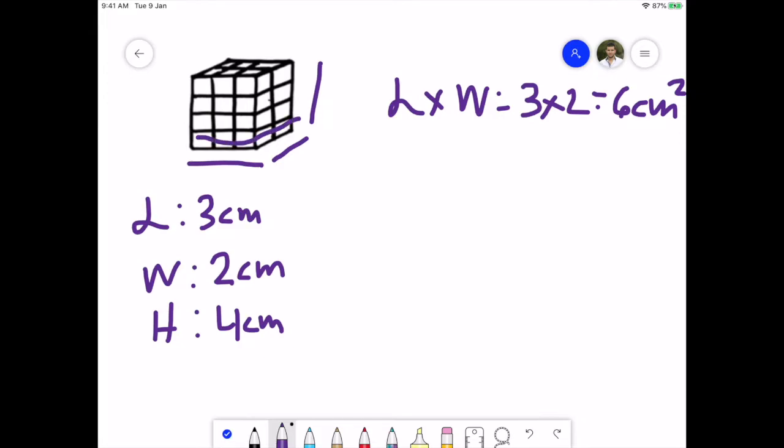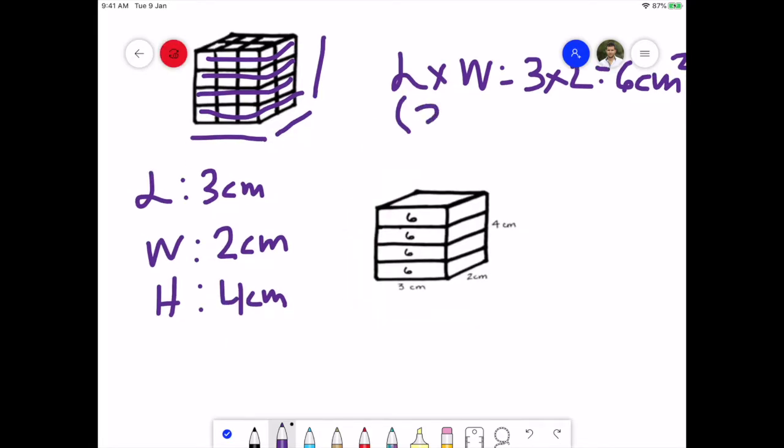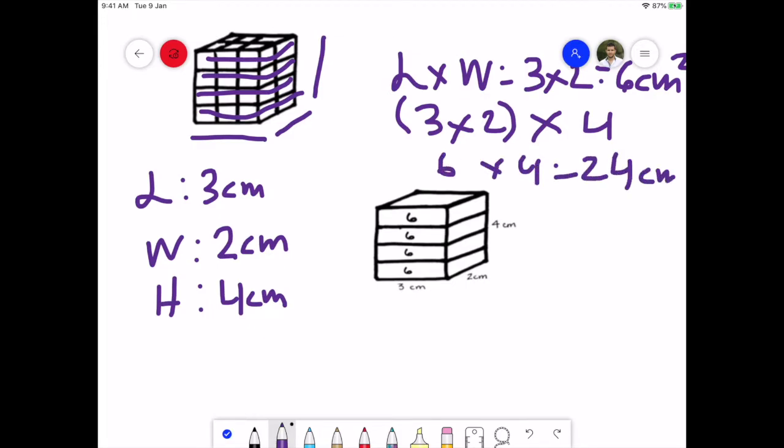I see it 1 time, 2 times, 3 times, 4 times, which is also 4 centimeters, my height. Therefore, this layer of 3 by 2 is repeated 4 times, and 6 times 4 will give me 24 cubic centimeters. Again, I have 4 layers of 6.